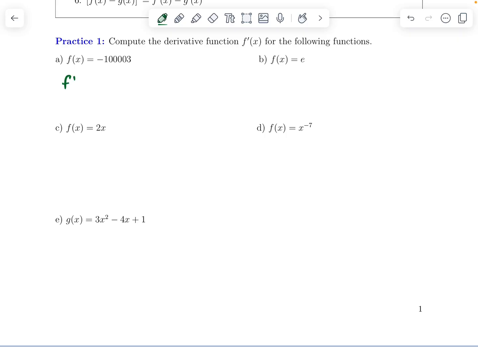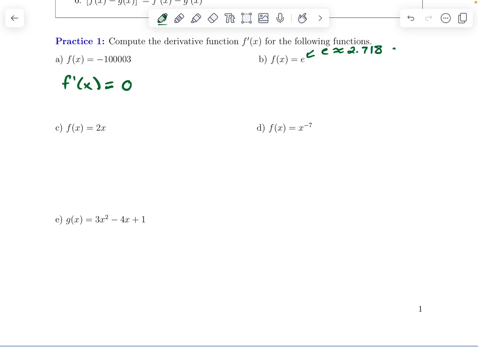So looking at the first one, we know that the derivative function of a constant is just 0. And so since negative 100,003 is a constant, we know the derivative is 0. Okay, College Board loves to fool you guys with throwing out there, like for the function e. We know e is approximately 2.718.